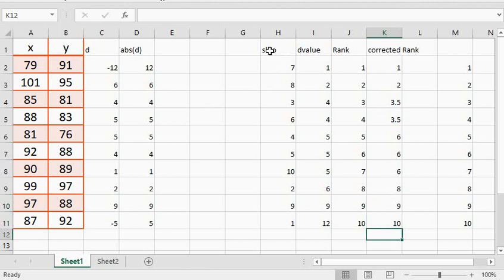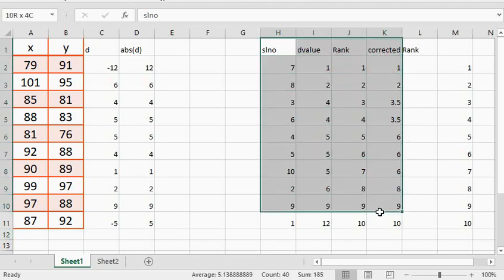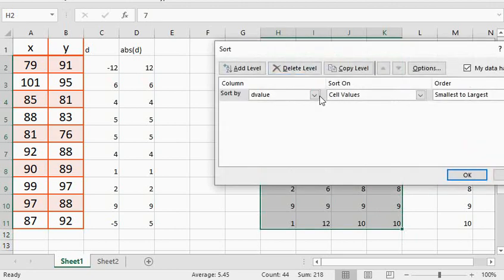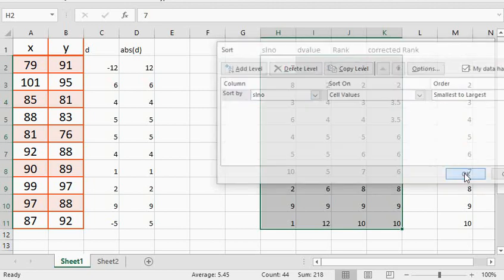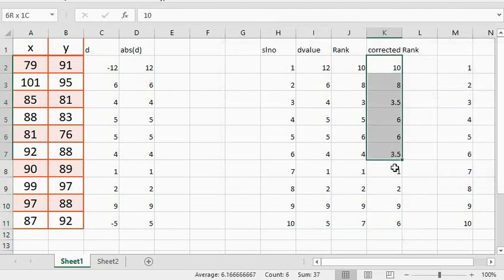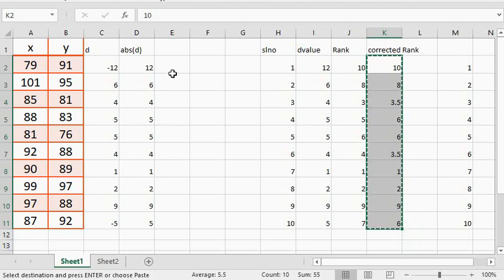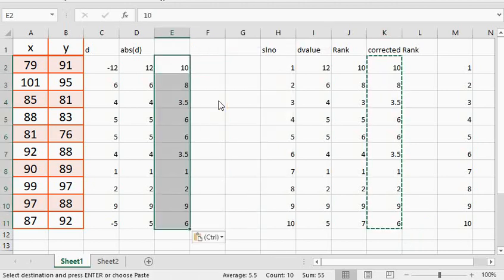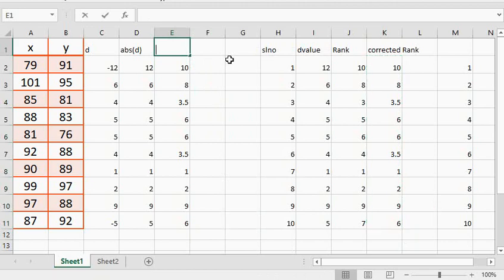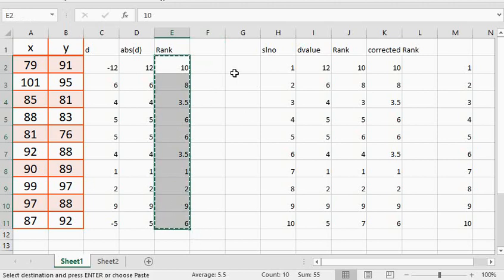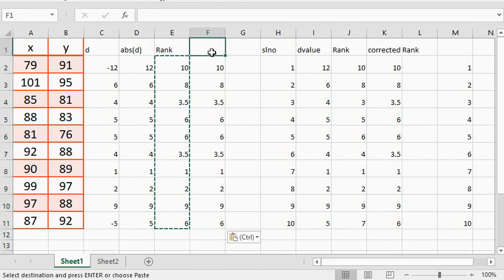This way it is ranked, and if I order this in serial number order, what I get is the rank. So this is my rank. Again I assign the sign, either positive or negative.